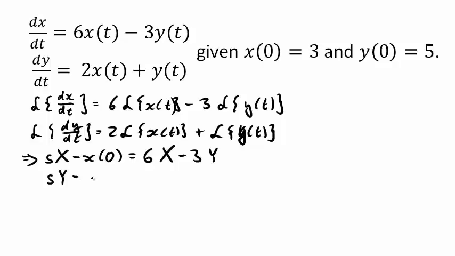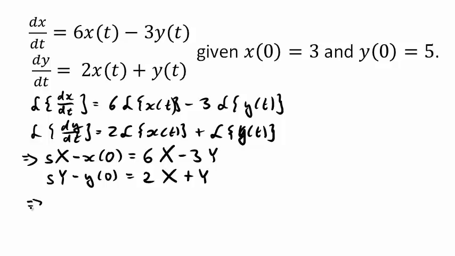So I've got sY minus y(0), and that is 2 times X plus Y. Now I have transformed the original differential equations in the time domain into two much simpler simultaneous equations in the frequency domain. And we're now going to solve these two equations for capital X and for capital Y.